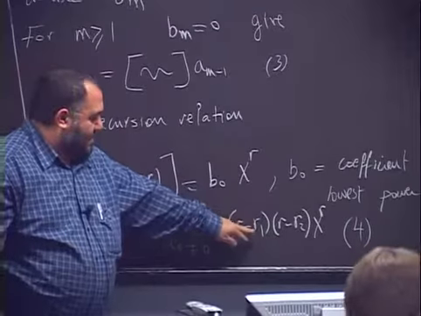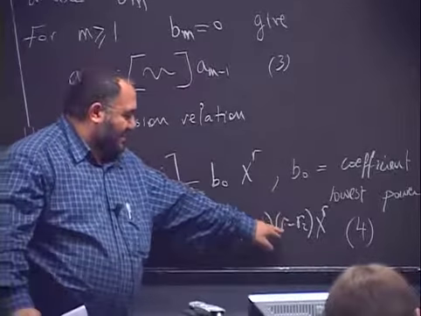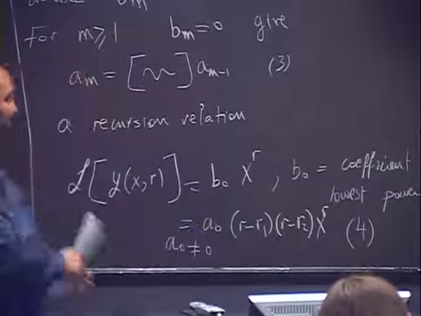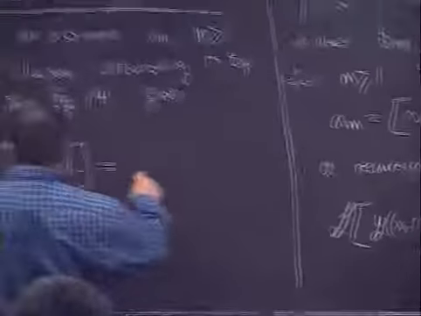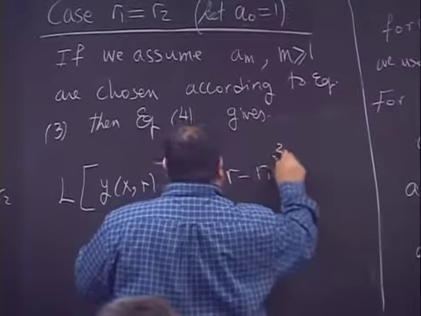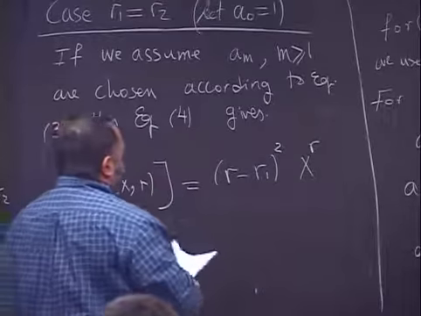We will pick r1 equal to r2, so this is (r − r1) multiplied by (r − r1), so this is (r − r1) squared multiplied by x to the power of r.